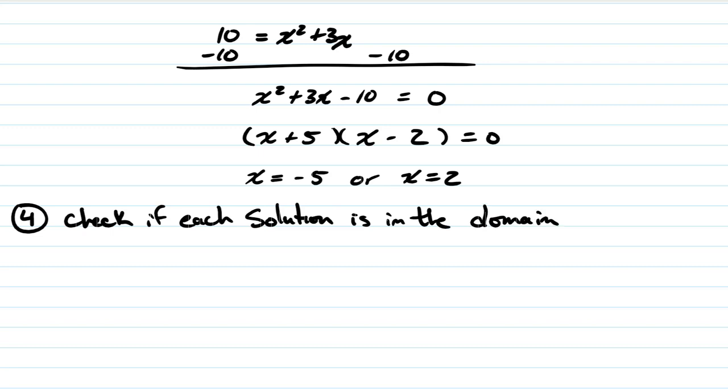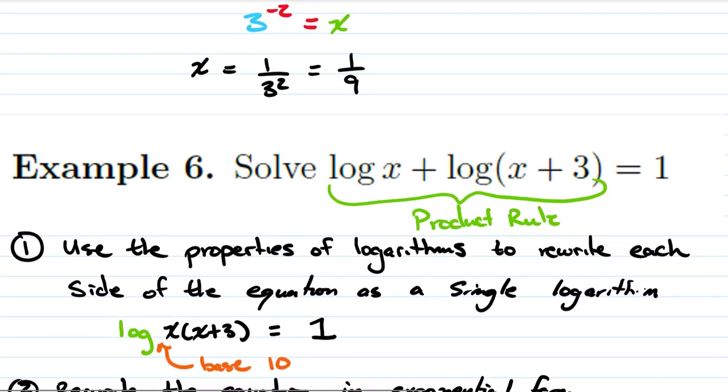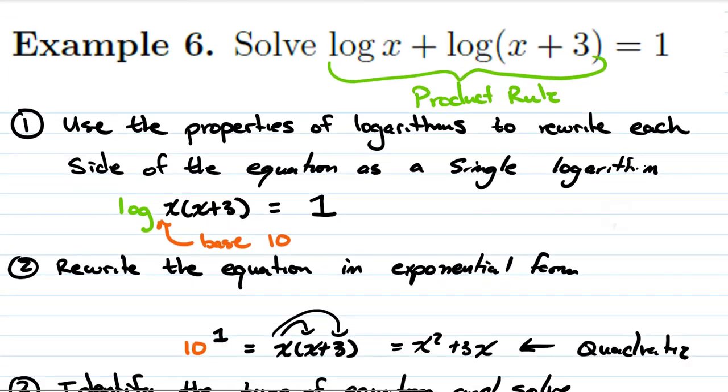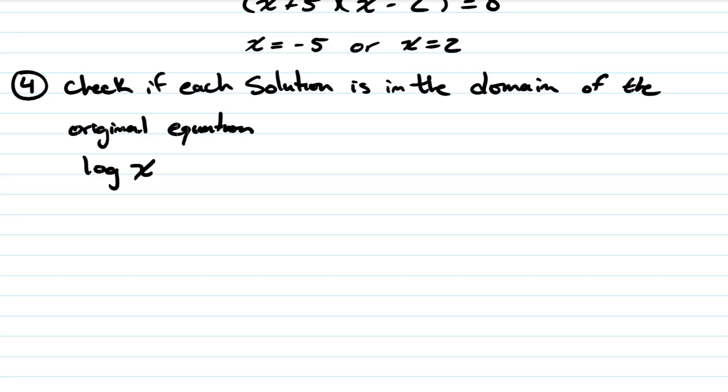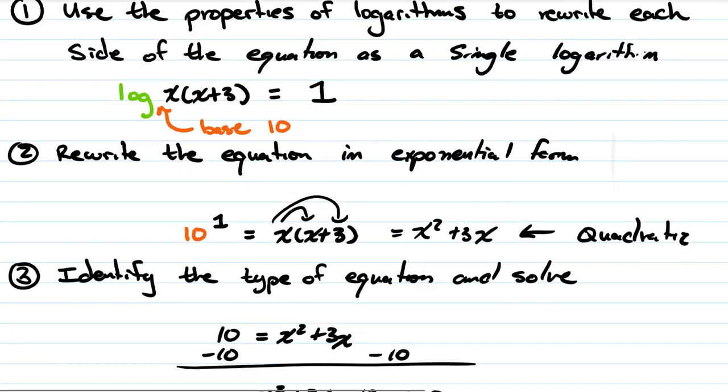So we need to remember that the domain of a logarithmic function is from 0 to positive infinity. But if we go look at each of the originals, we had the logarithm of x in the original, and we also had the logarithm of x plus 3.